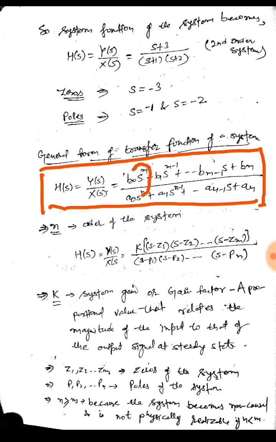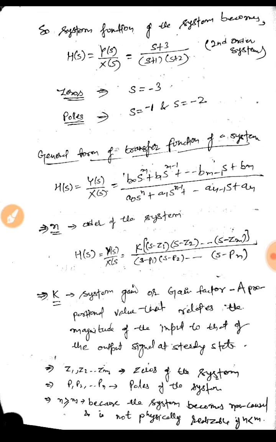The power of s will keep on decreasing, and b naught, b1 are the coefficients. Similarly, in denominator we have a naught s^n plus a1 s^(n-1) plus up to an. So this is the generalized form of a transfer function of a LTI system. For the LTI system, the degree of denominator, that is n, should be greater than or equal to m.